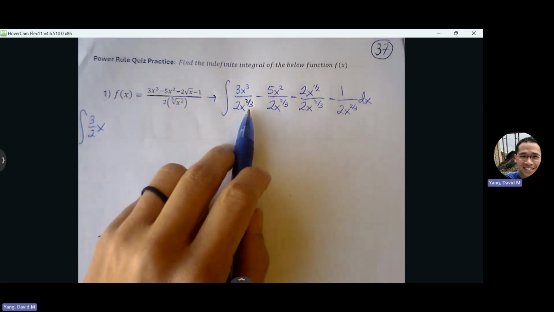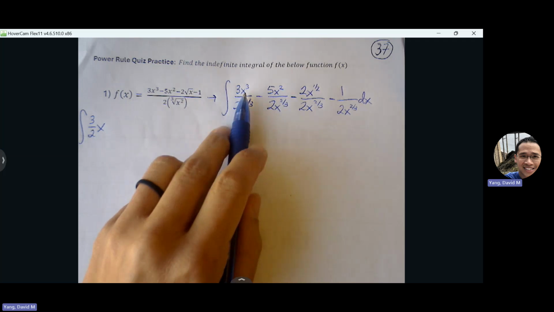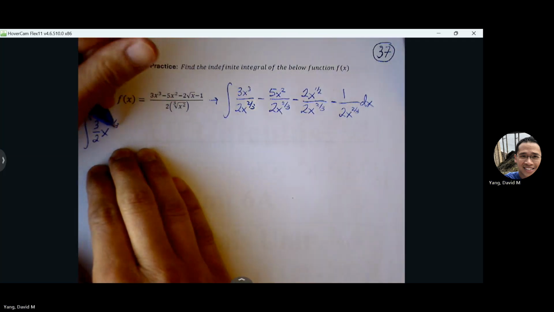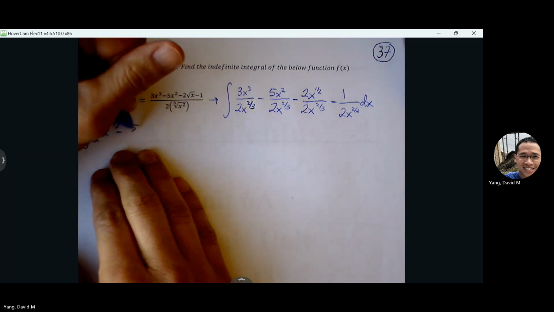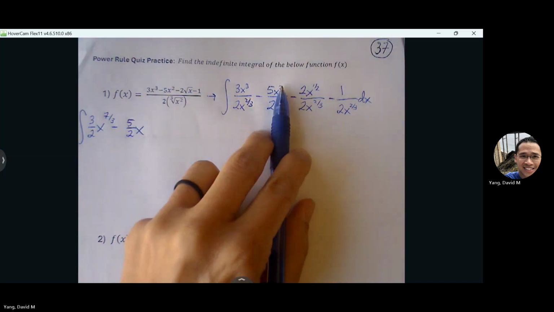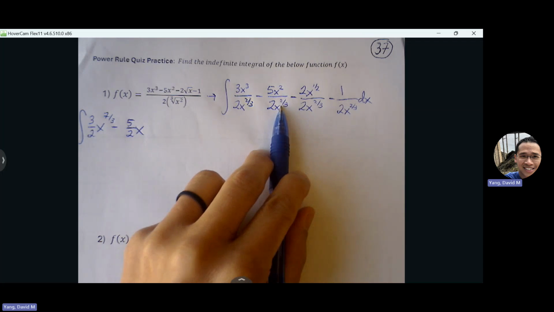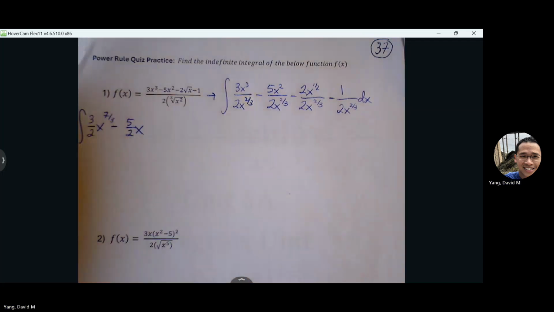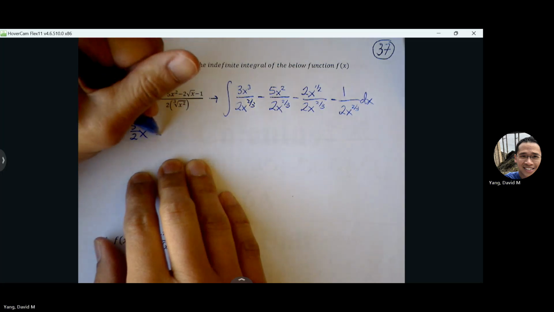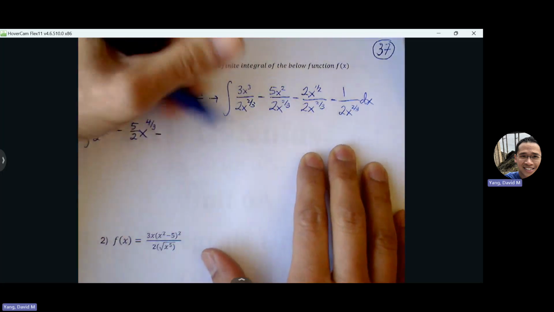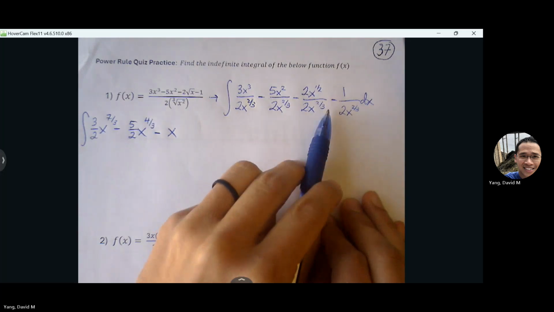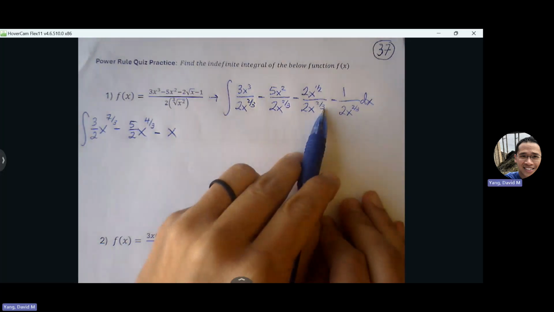So 3 minus 2/3, think of it as 9/3 minus 2/3. Six over 3 minus 2/3. You can also use your calculator. The 2's cancel out. 3/6 minus 4/6.